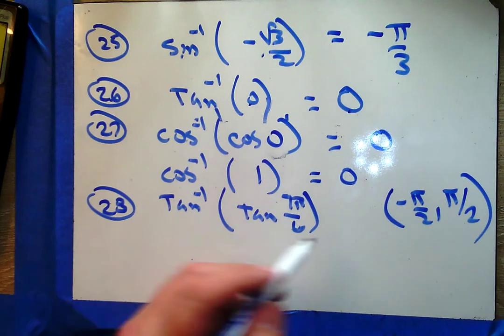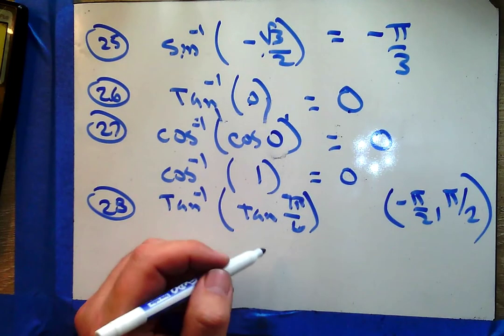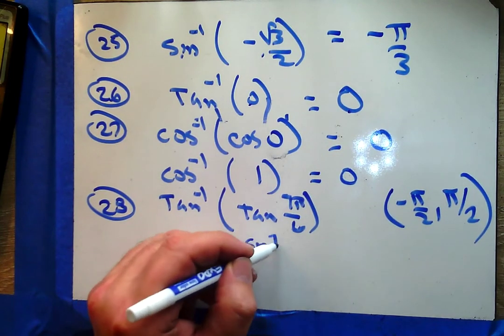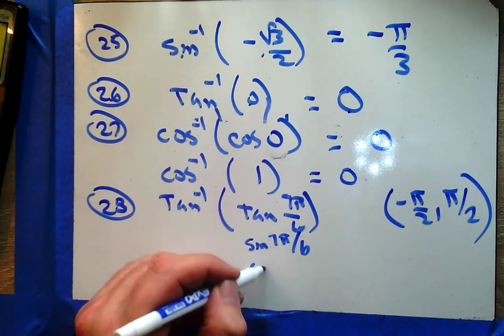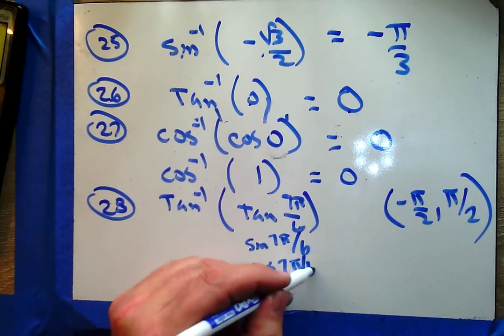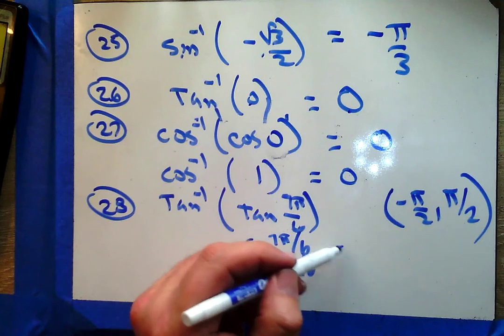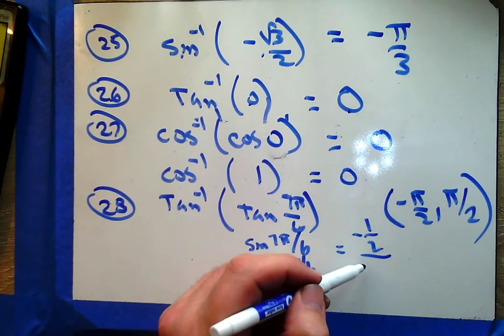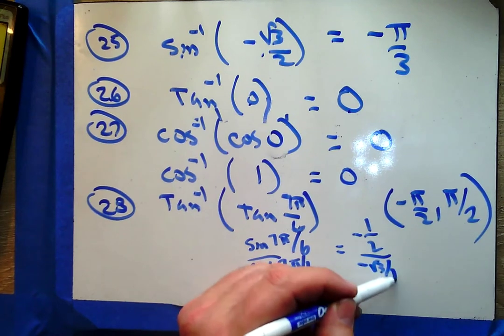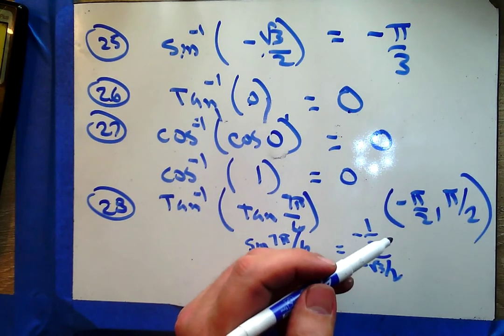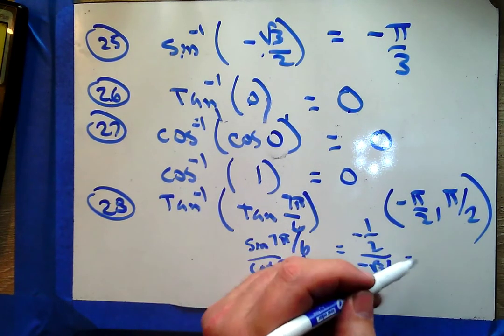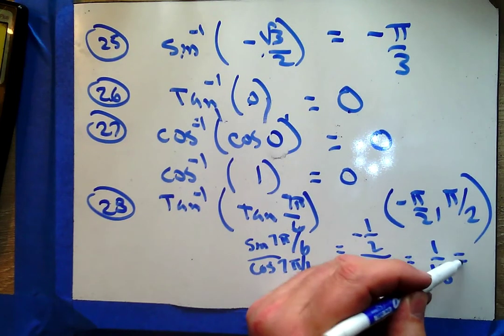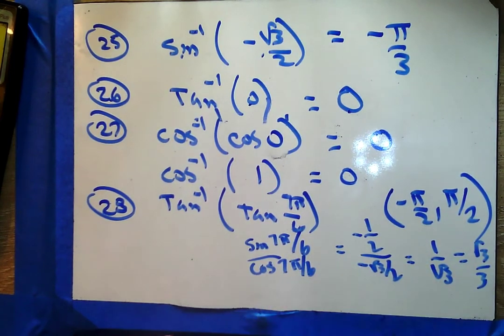Okay, so I have to go the long way. What's the tangent of 7 pi over 6? Well, that would be sine of 7 pi over 6 over cosine of 7 pi over 6. Sine of 7 pi over 6 is negative 1/2. Cosine of 7 pi over 6 is negative root 3 over 2. So I flip and multiply, and I get 1 over root 3, or root 3 over 3.